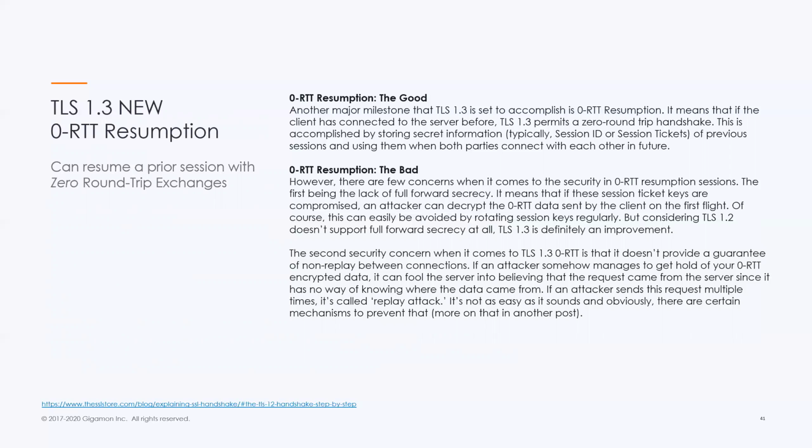The bad is that there is no full forward secrecy on 0 round trip time resumption. What that means is that if the session ticket keys are compromised, an attacker can decrypt the 0 round trip time data sent by the client. You can read more about that in the link on the bottom of the slide.